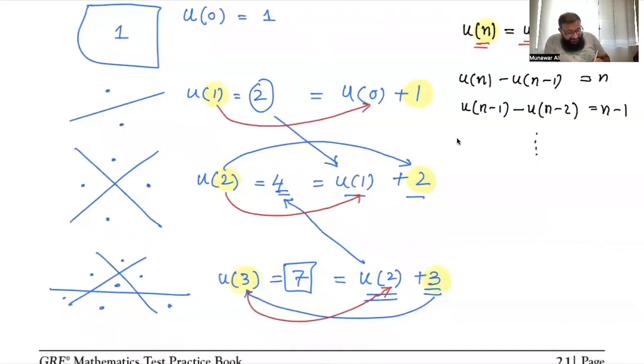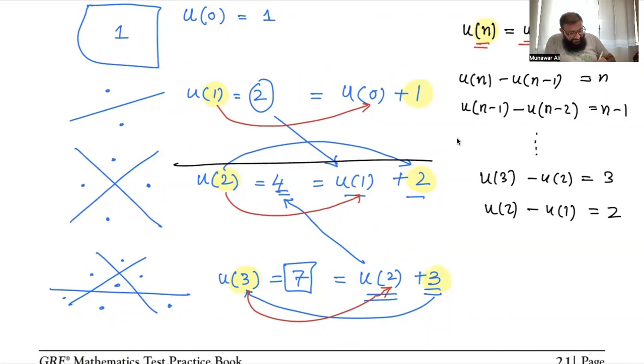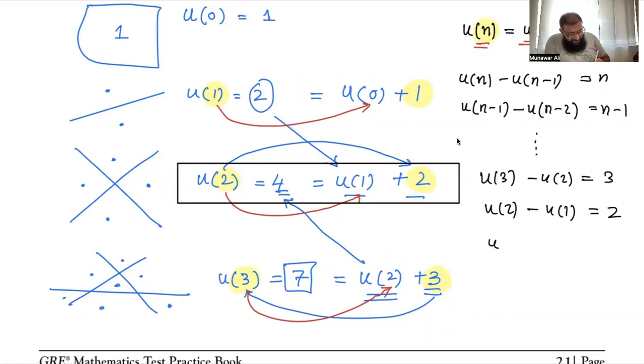I can go up to u of 3 minus u of 2 equals 3. Sorry, u of 2 minus u of 1 equals 2, you can see from this one. And u of 1 minus u of 0 is 1.